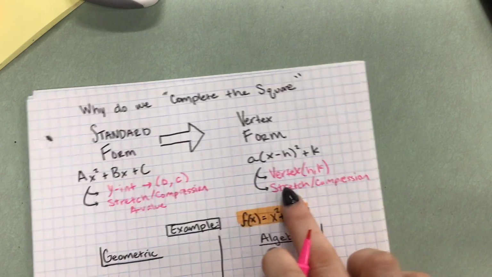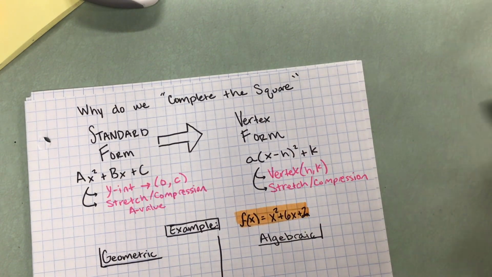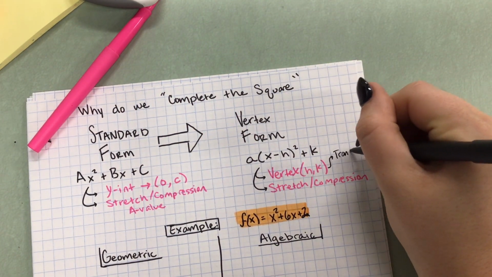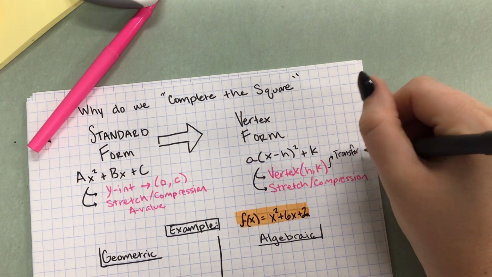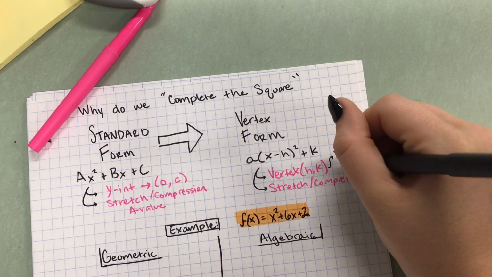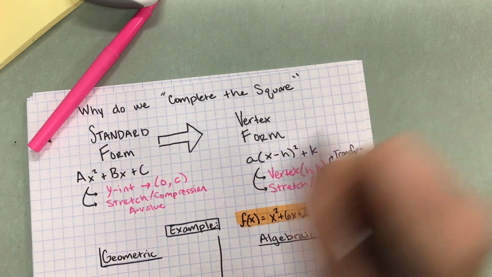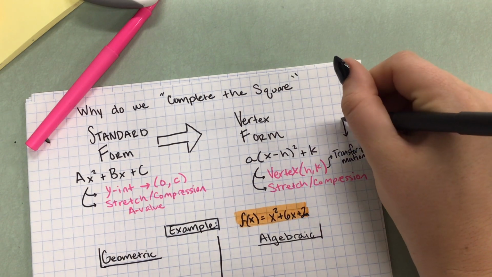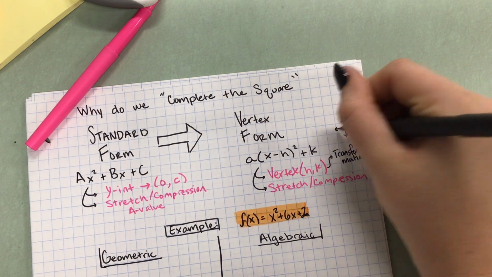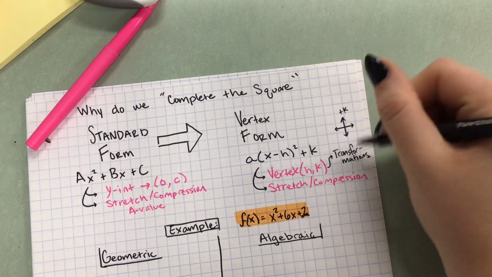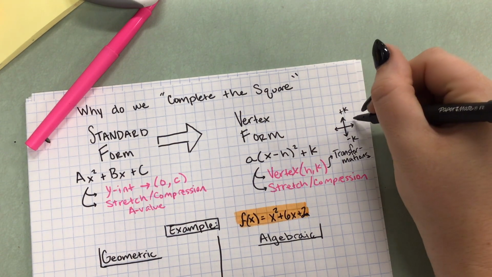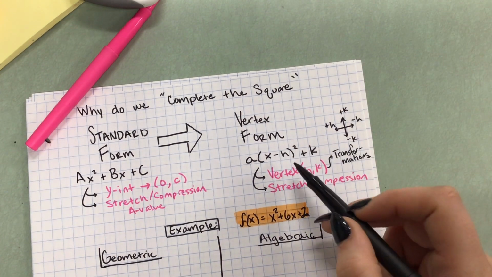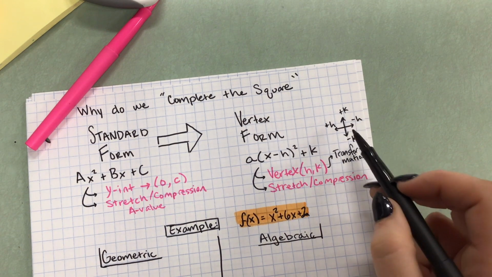More specifically with the vertex, it tells us our transformations. So this tells us our up, down, left, and right. We know that if it is going up, it's a plus k. If it's going down, it's a minus k. If it's going to the right, it's minusing h. And if it's going to the left, we are adding h. So if you can get it into vertex form, you can give me a description of all of that.